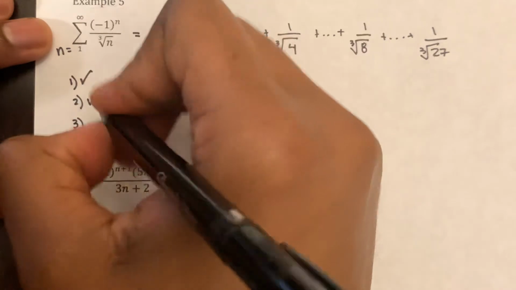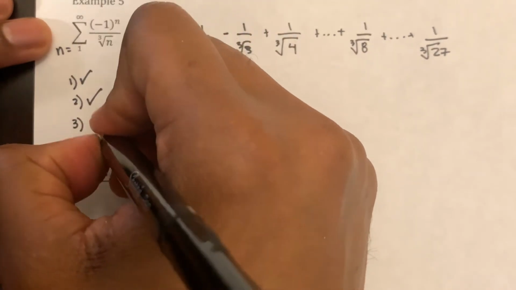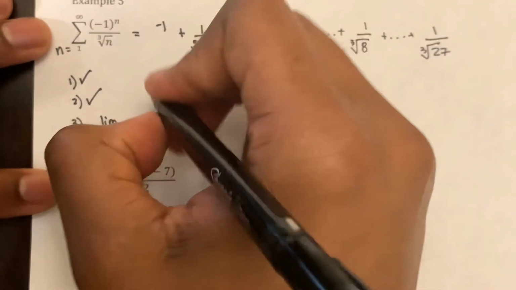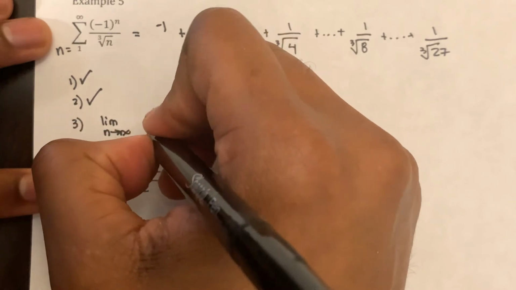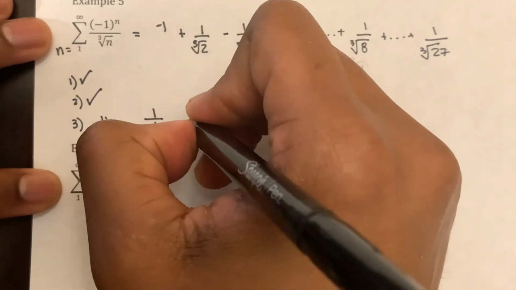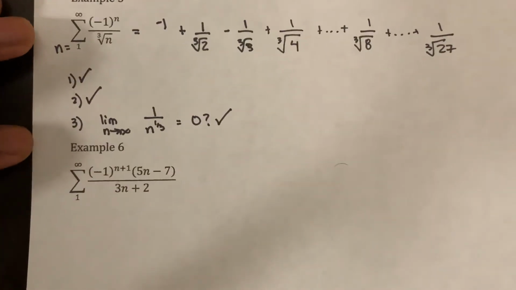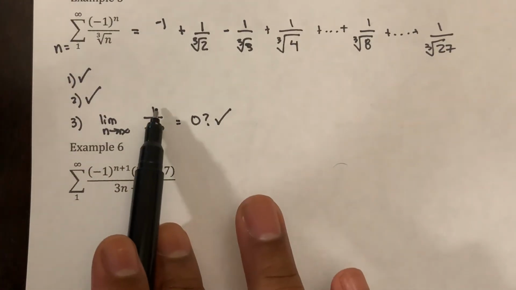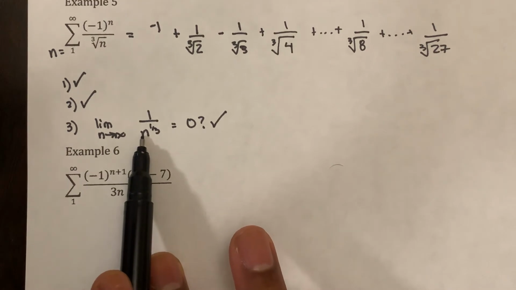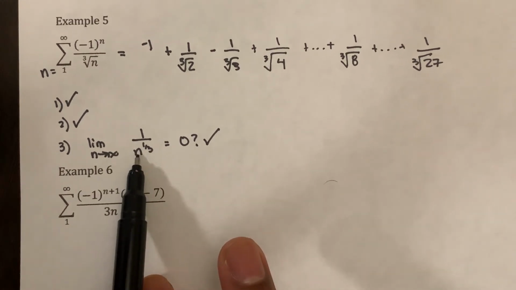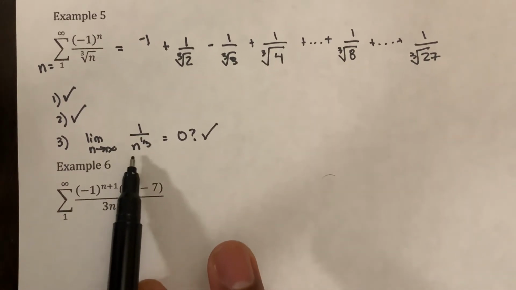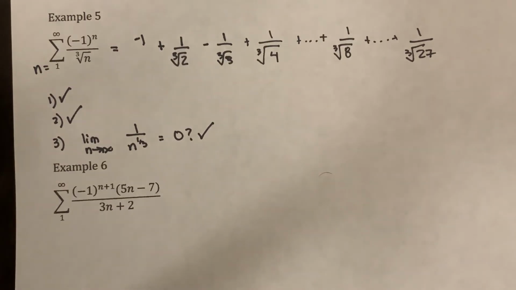And then 3, is the limit as n approaches infinity of 1 over n^(1/3) equal to 0? The answer to that is also yes, because you're still dividing 1 by a progressively larger number. As n gets bigger, the cube root of n is also going to get larger than the previous terms.